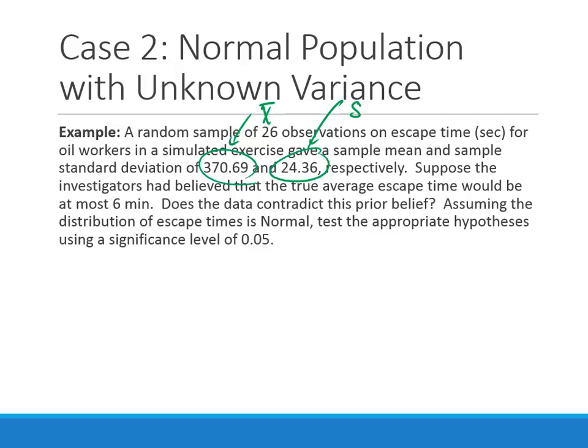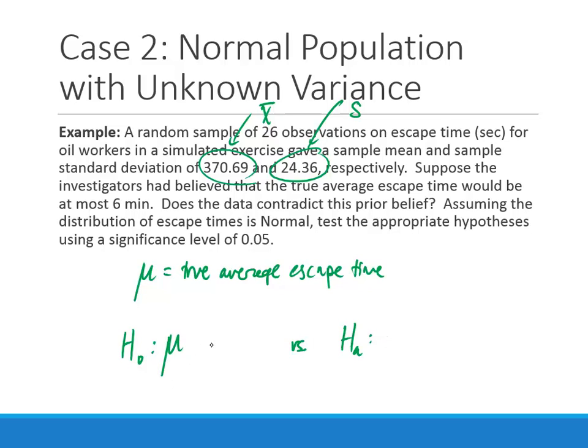Okay, so our parameter of interest here is still mu. What that is here is the true average escape time for this game. Now I want to set up my hypotheses, the null hypothesis and the alternative hypothesis. Both of these are looking at the mean, mu, and the null hypothesis always has an equal sign in it.